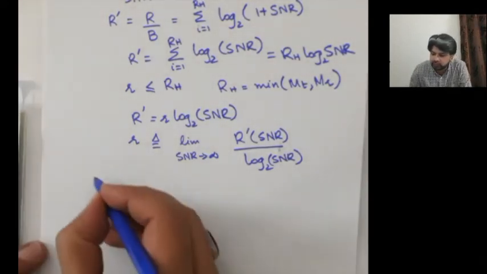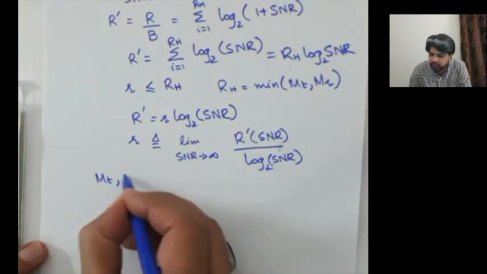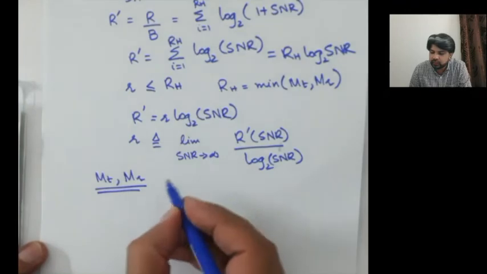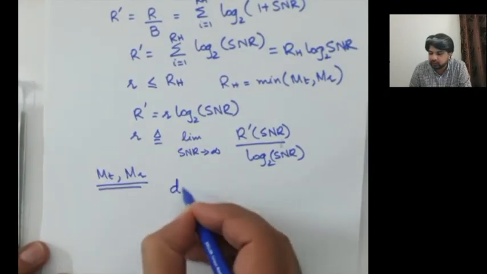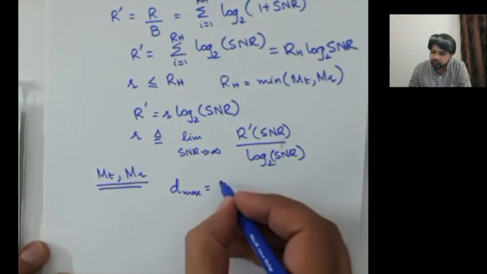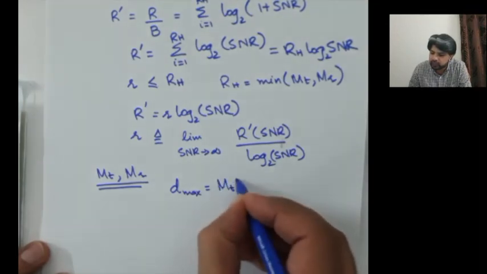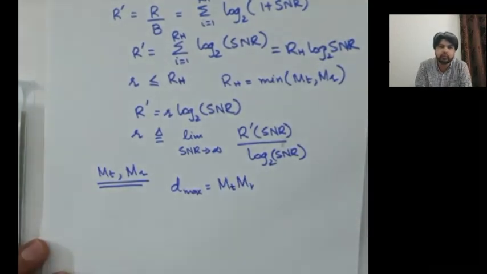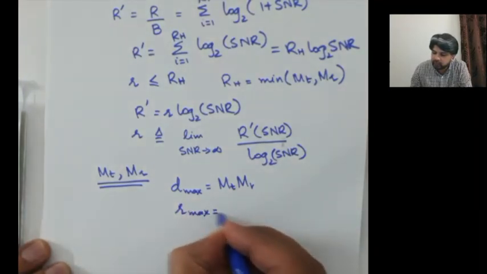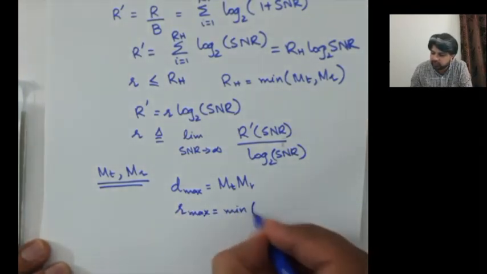So suppose you have MT transmitting antennas and MR receiving antennas. This would mean that the maximum diversity gain you can get would equal MT times MR, which is the maximum number of independently fading paths that you can have, and the maximum R that you can have is the minimum of MT, MR.